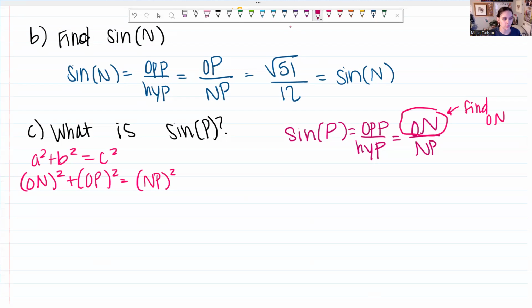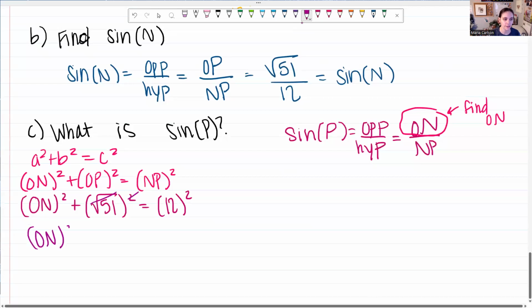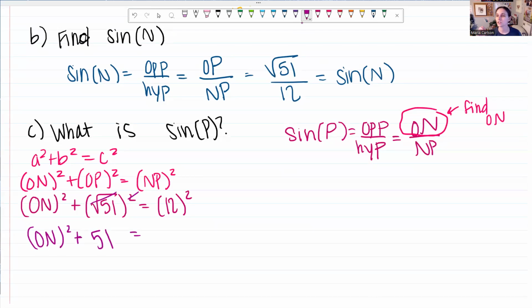So ON squared plus the square root of 51 squared is equal to 12 squared. I love to see a square and a square root because those really just cancel each other out. So ON squared plus 51 is equal to 12 squared, which is 144.